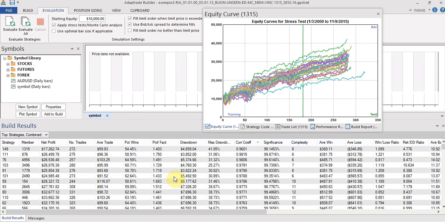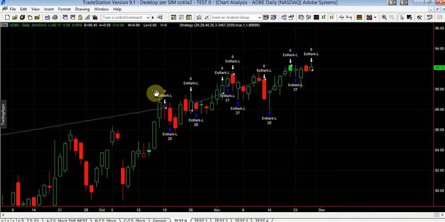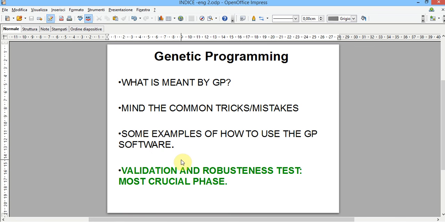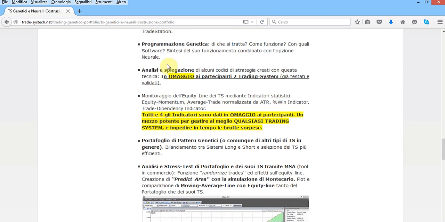At the end, you might have a list of, let's say, 10, 15 strategies with all this validation in Builder, and you move this set of 10 strategies into TradeStation, and here you do the second phase of the validation, which partially we have discussed in another video, and we go into detail during our training.